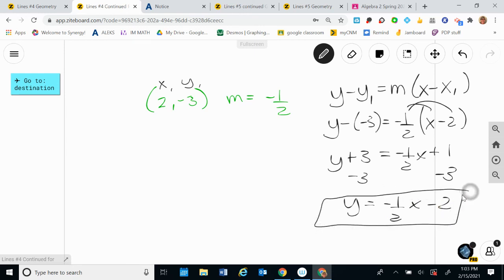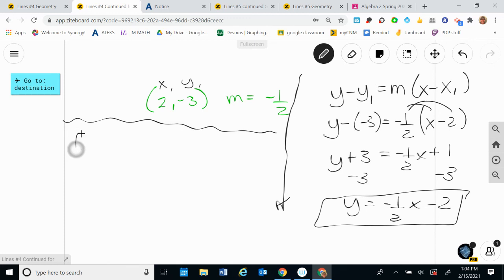And you have your line. So you can go immediately in one algebraic step from a slope and a point to the equation. You don't have to go through the whole b, but a lot of people don't really like this way because they don't really understand it and they can't remember it. This is about memorizing a formula, okay?